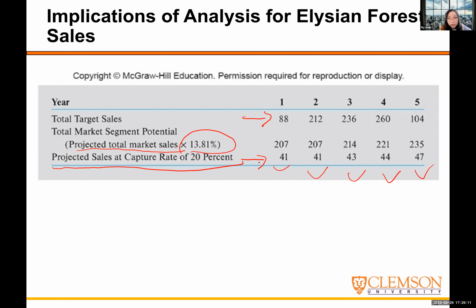What does that tell us? They compare this number every year to this number. So based on the comparison, do you think Elysian Forest would be able to sell the majority of the houses they build every year? Sean?